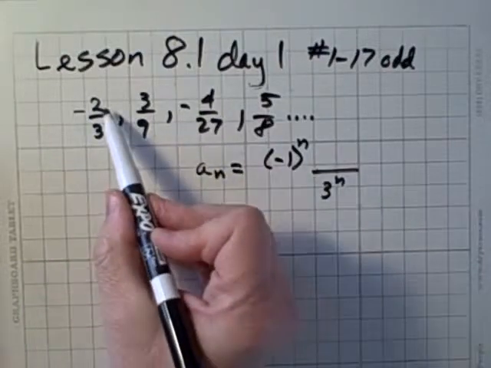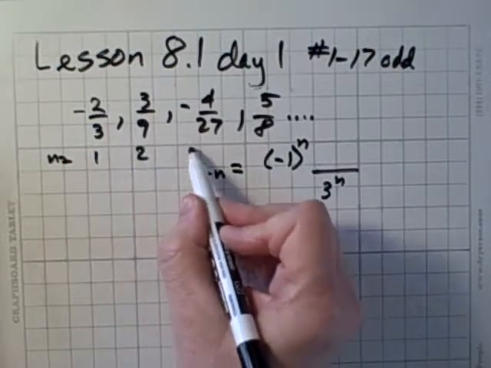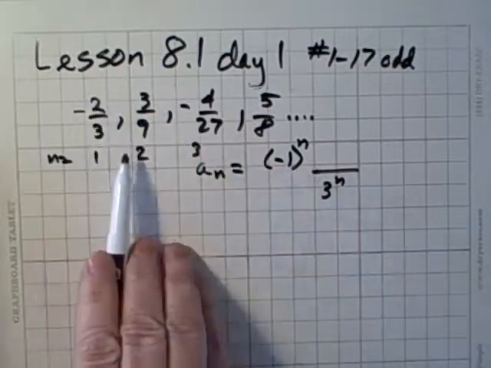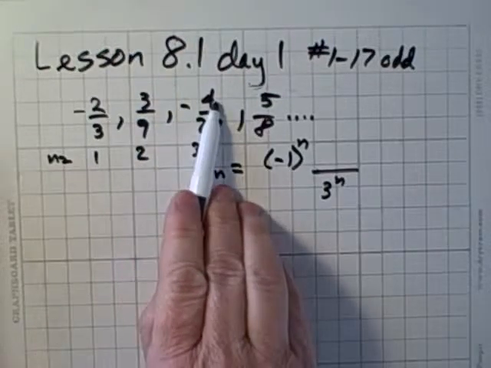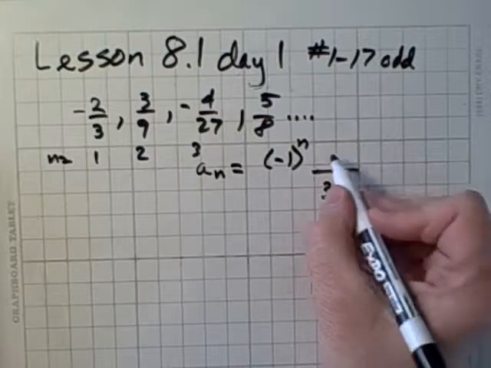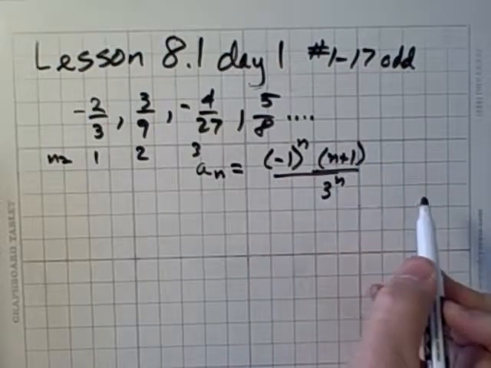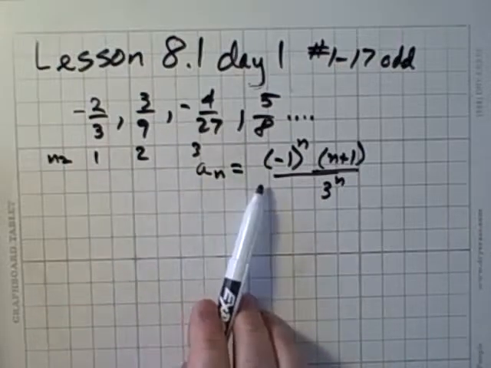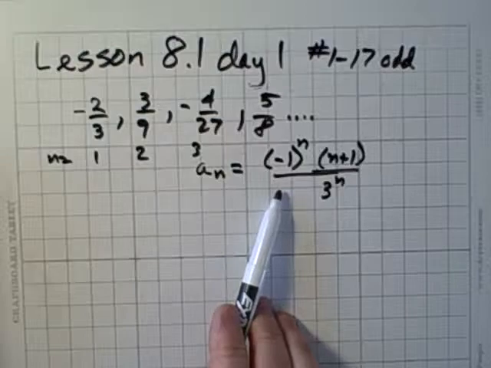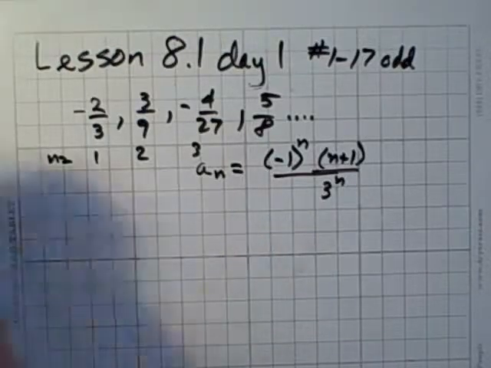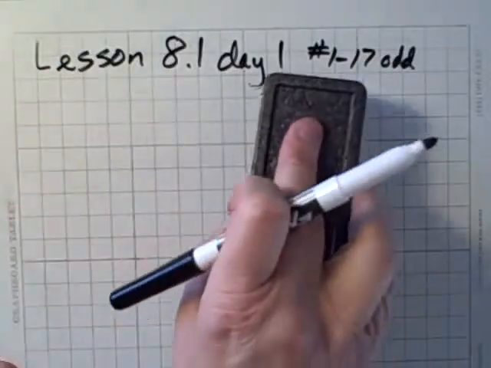And the numerator, again, if we compare it with n is 1, 2, and 3, and so on, it's similar to the n itself, but 1 bigger, and therefore n plus 1 is what we want in the numerator. So some of the problems at the beginning of the homework, you are trying to discover a formula for the pattern. There are two we should review that you know from the past, and that's arithmetic and geometric.